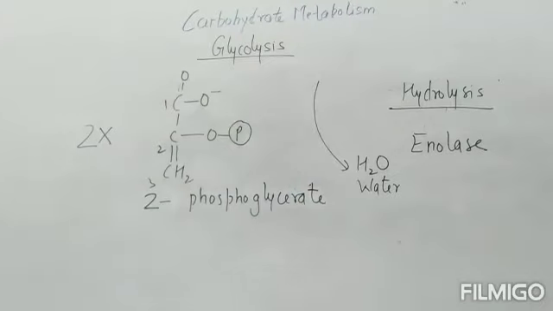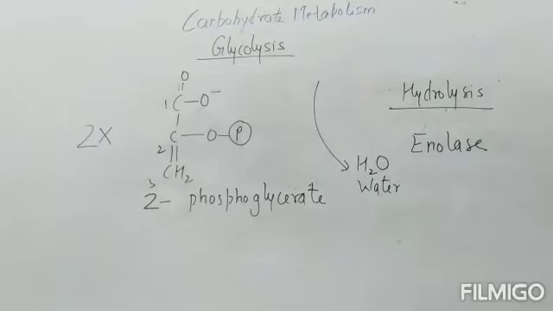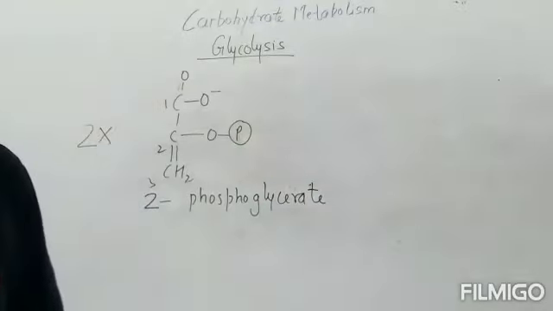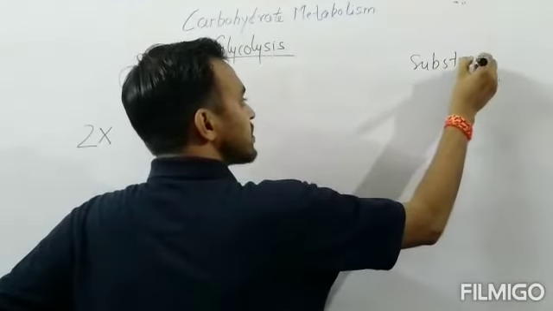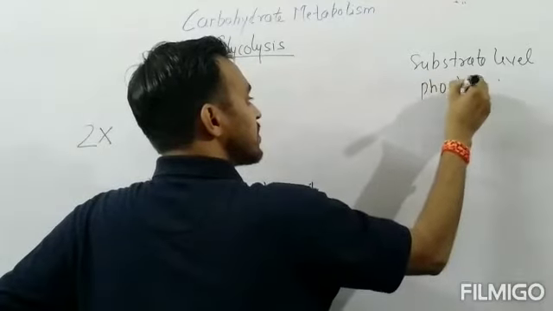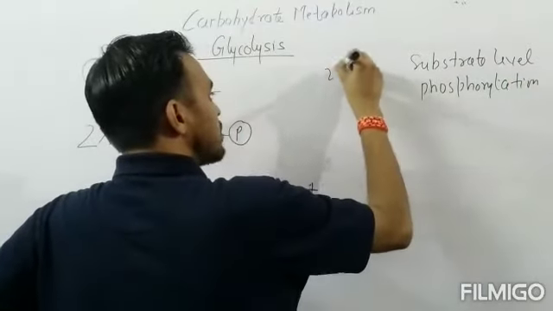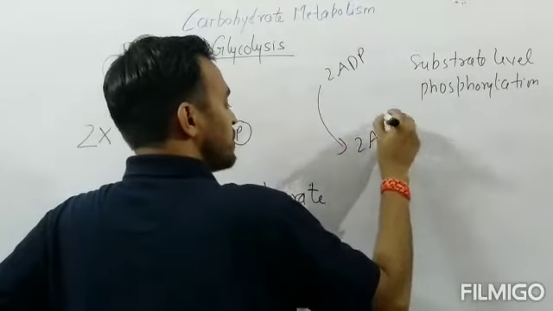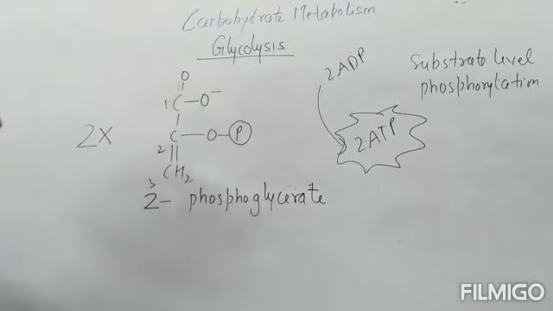And in the last step, this phosphate atom is removed by the process of substrate level phosphorylation. Two molecules of ADP receive these phosphates and convert into two ATP molecules, and these molecules are removed from here.